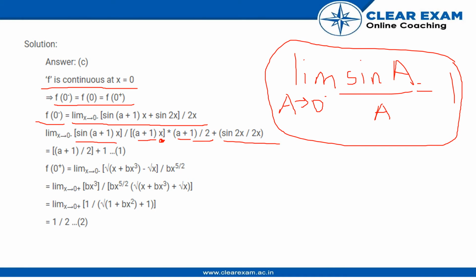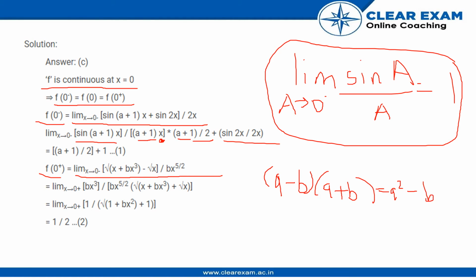Now f of 0 plus can be found as the limit x tends to 0 plus of (root of (x + bx^3) minus root x) upon bx^(5/2). We use the identity (a minus b)(a plus b) equals a square minus b square.